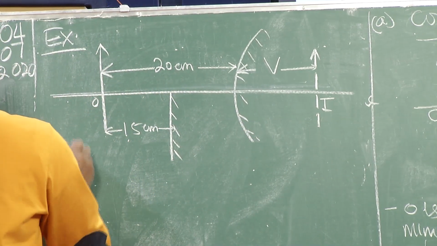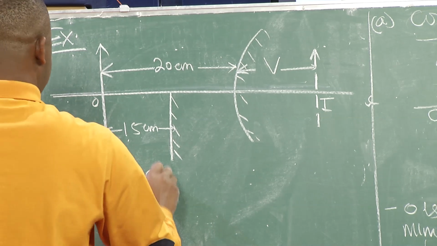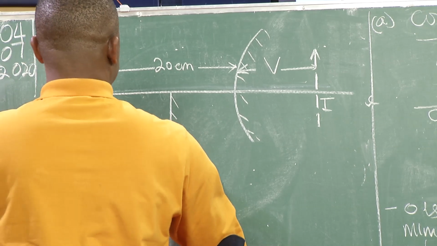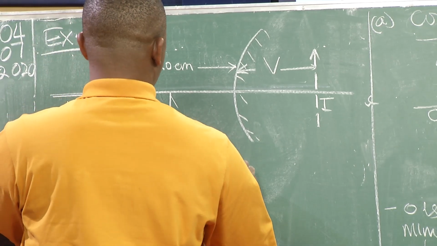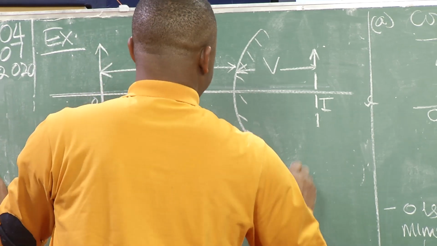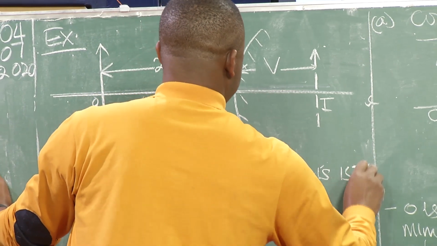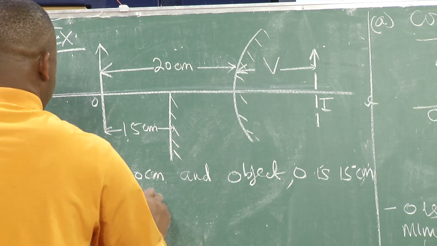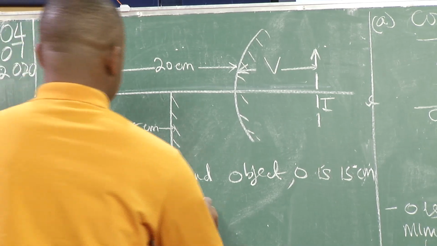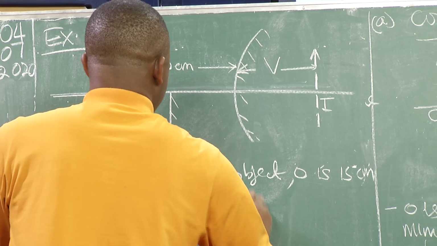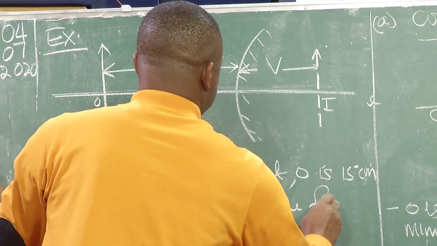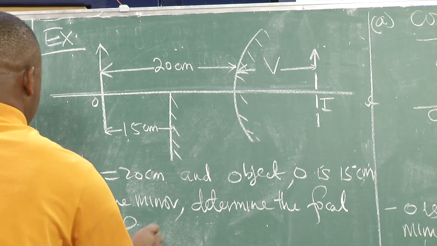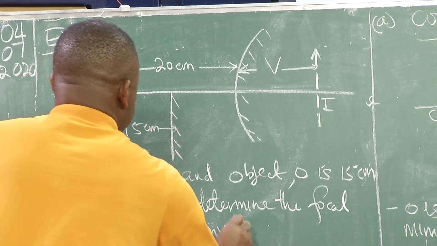They say if u is 20 centimeters, and object O is 15 centimeters from the plane mirror, determine the focal length of the convex mirror.